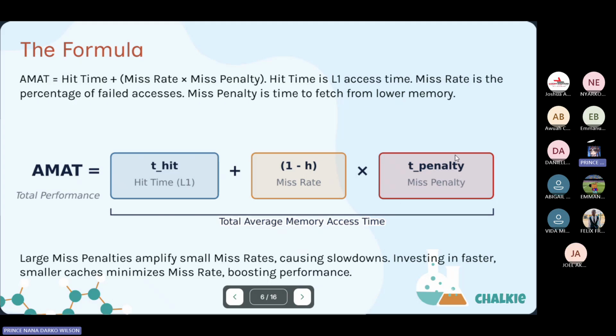That gives us the total average memory access time. Keep the formula in mind: hit time plus miss rate times miss penalty. The miss rate is equal to 1 minus the hit rate, since they are rates out of 1. The large miss penalties amplify small miss rates, causing slowdowns. Investing in a faster, smaller cache minimizes miss rates, thereby boosting performance.